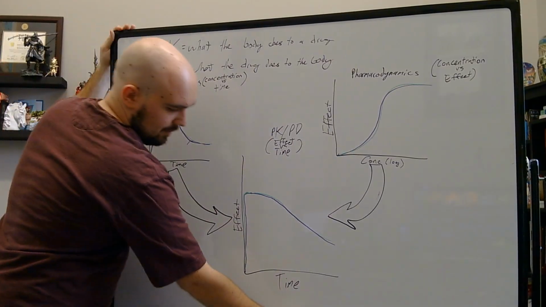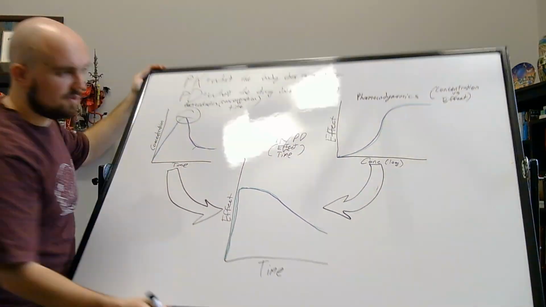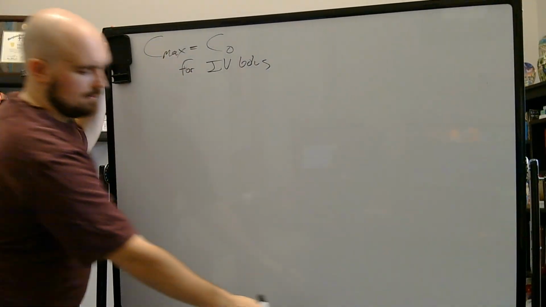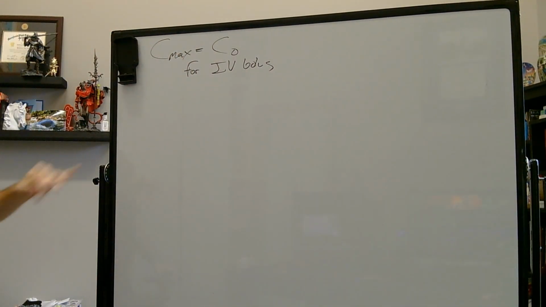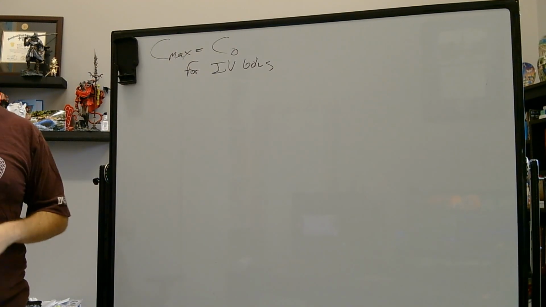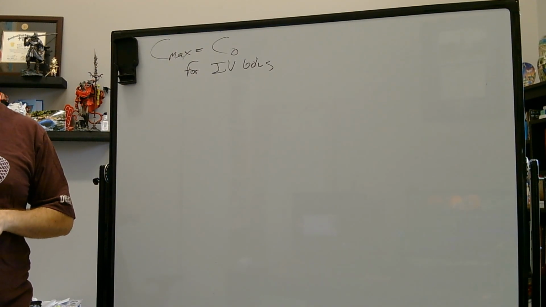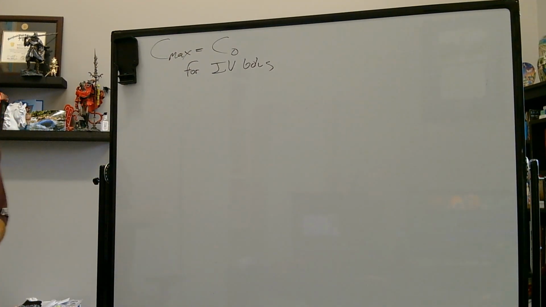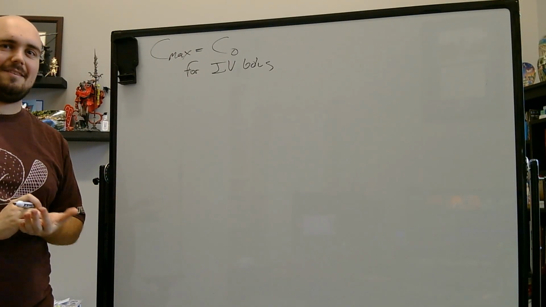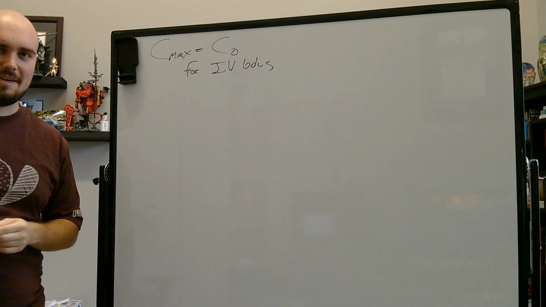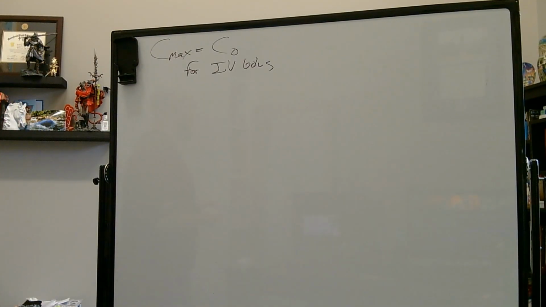That is a little bit too serious for my session today. So we're just going to say that Cmax equals C0 for IV boluses, and that for oral it depends. And then we'll leave it in the hands of Dr. Saressa and Dr. Hine to teach us that.